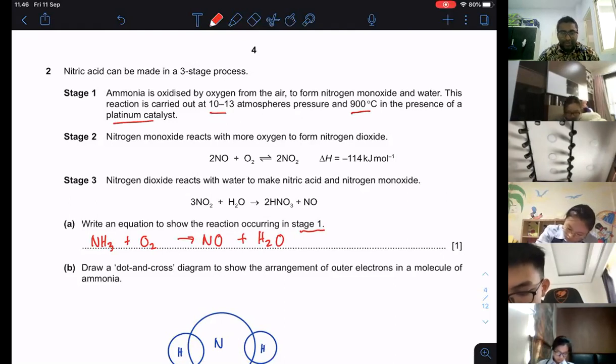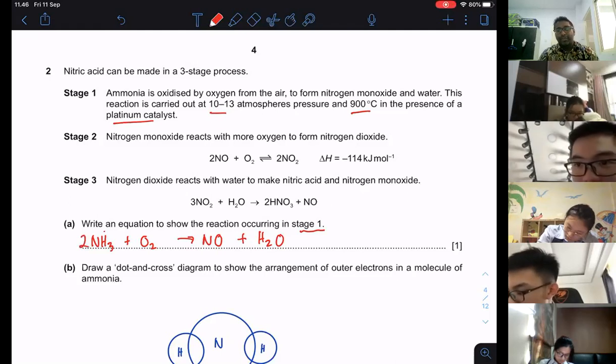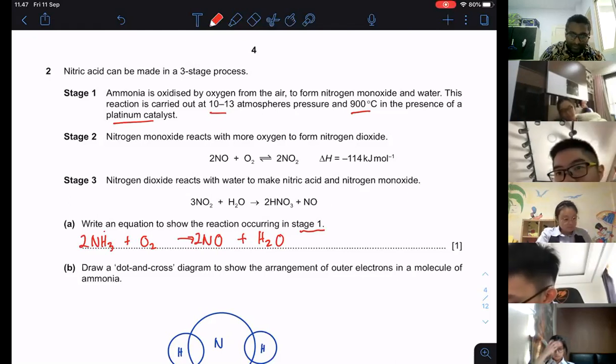So here is going to be NH3, NO. First, I think you still need to balance the hydrogen. The way that we balance the hydrogen is by putting 2 there. So when you put 2, the hydrogen will become 6, nitrogen will become 2. So I need to put 2 here. How to make hydrogen become 6? By putting 3 here.